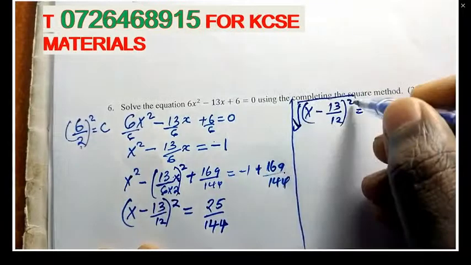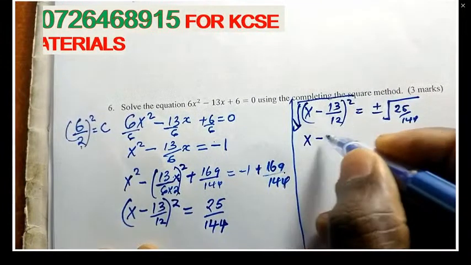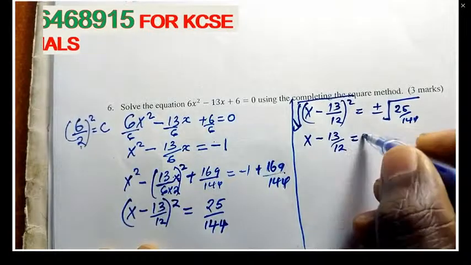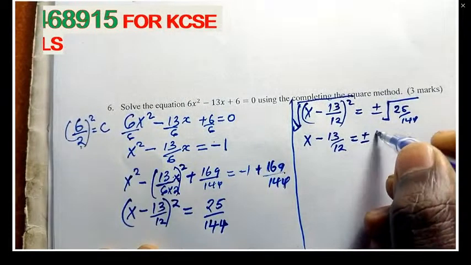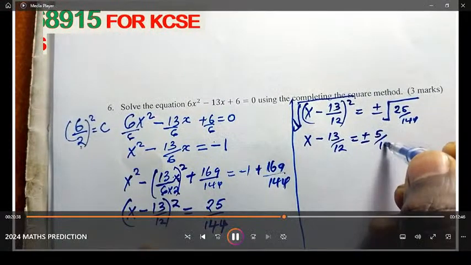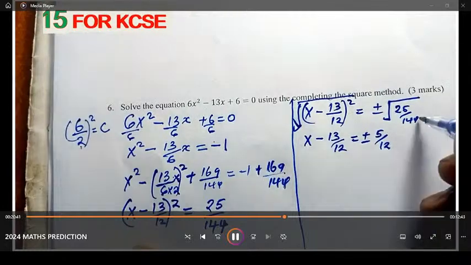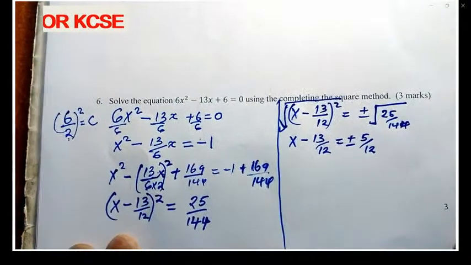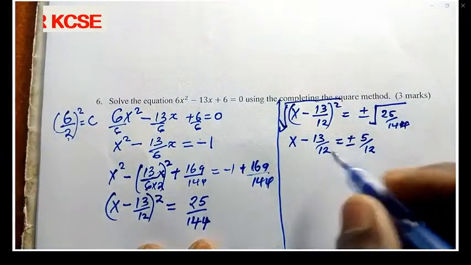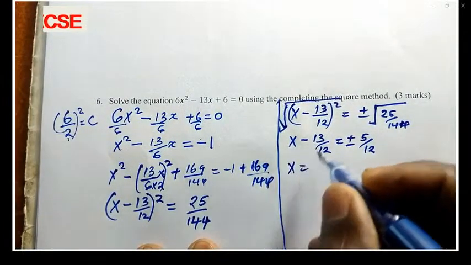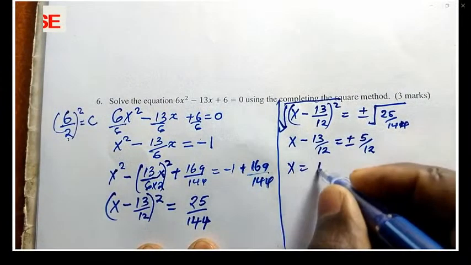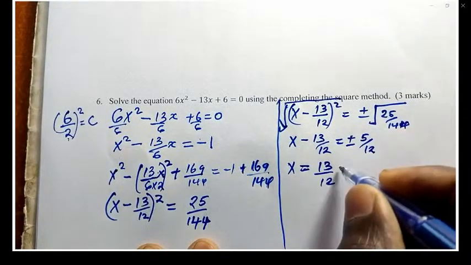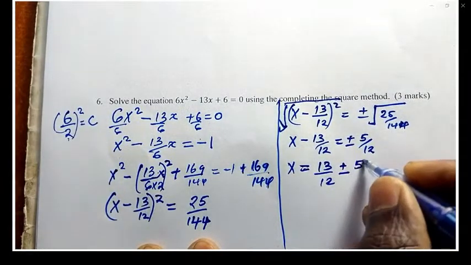So we remain with x minus 13 over 12 is equal to plus or minus 5 over 12. The square root of 25 over 144 is this. So x, this goes to the other side, it becomes 13 over 12 plus or minus 5 over 12.